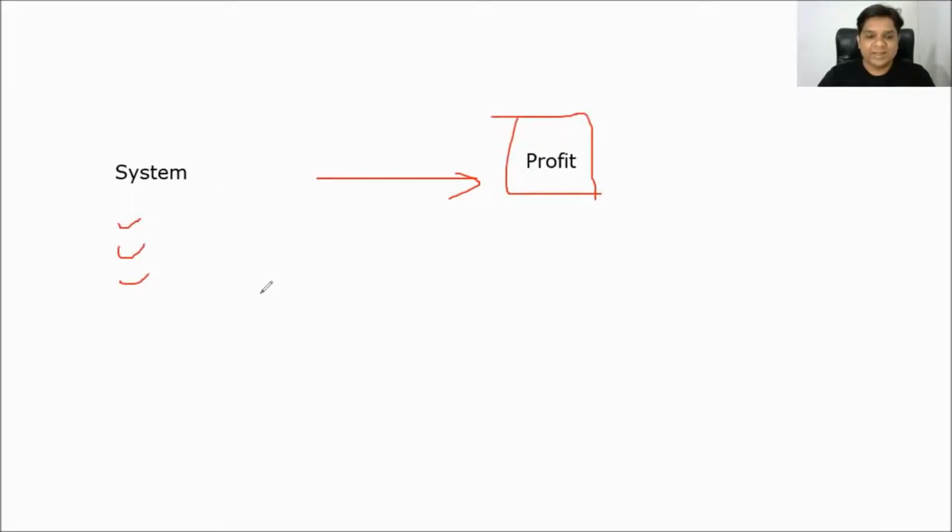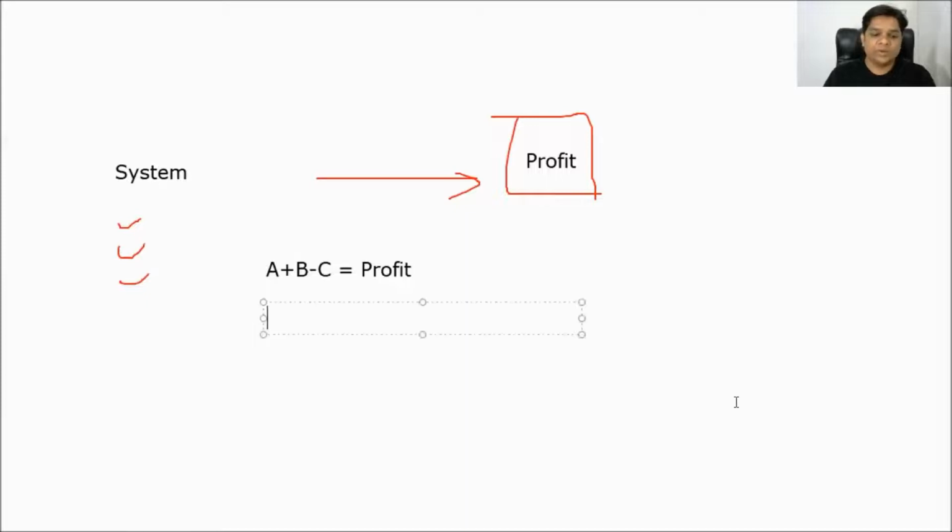It's like the formula is a plus b. For example, if I'm using the formula a plus b minus c is equal to profit, then it will always be the same every time. Okay.